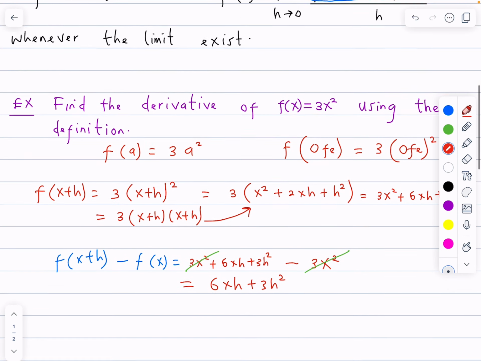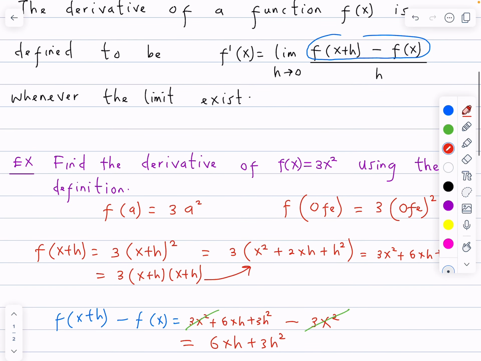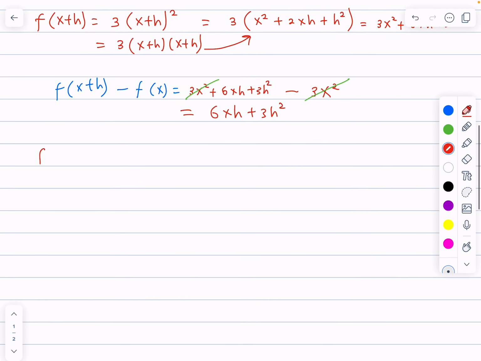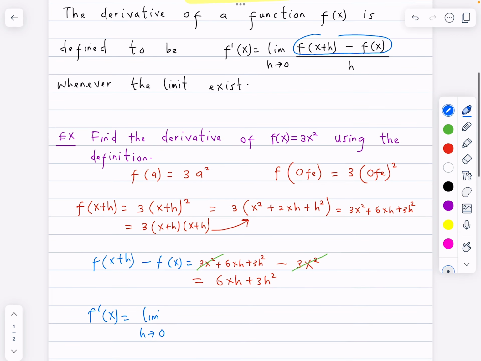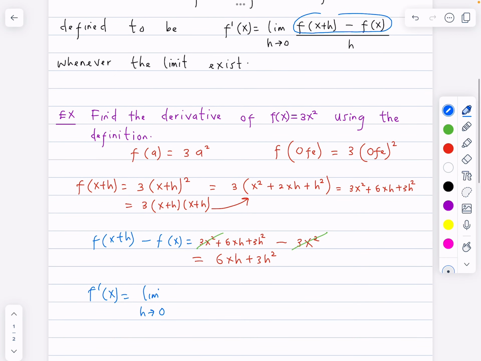Now, the derivative. I'm going to write this formula, f prime of x, let me use a different color, blue. F prime of x is going to be the limit as h approaches 0 of f of x plus h minus f of x, all over h.